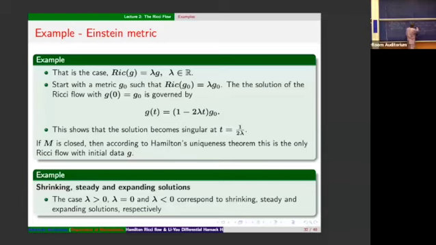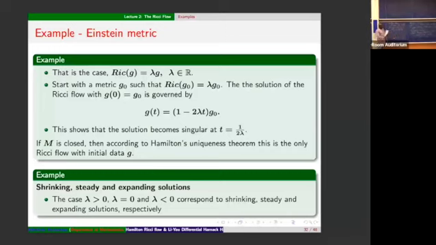From here, if t is 0, this is G naught, and alpha naught is equal to 1. So you have this together with alpha naught equals 1. So you can solve this. When you solve this differential equation, you have alpha of t to be 1 minus 2 lambda t. You take that condition and input it back into where we started from.